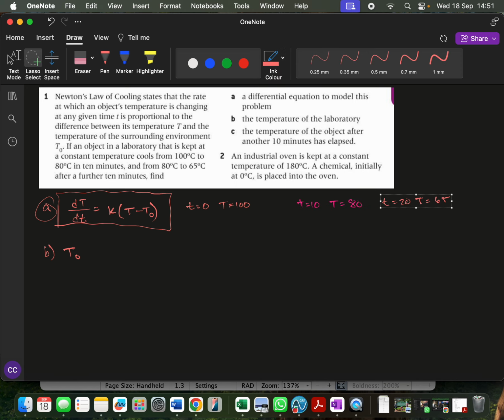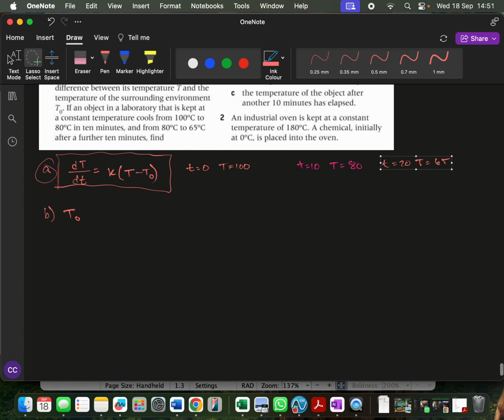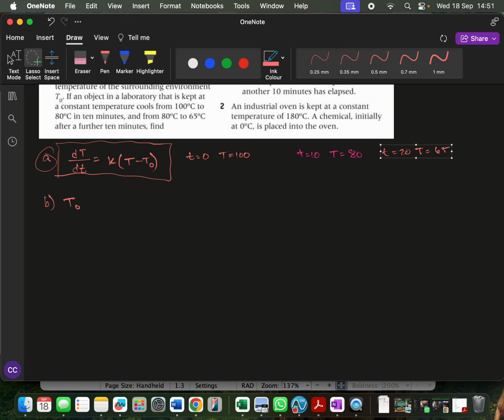Okay, so when the time is 0, well, first off, let's solve this differential equation. So I would have dT/dt is equal to k, and then if I bring my temperatures over, 1 over T minus T0.